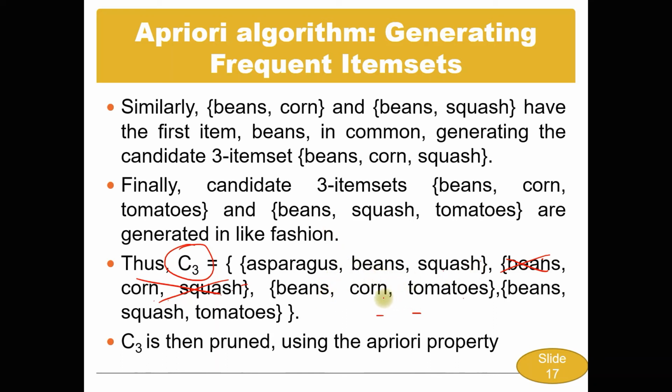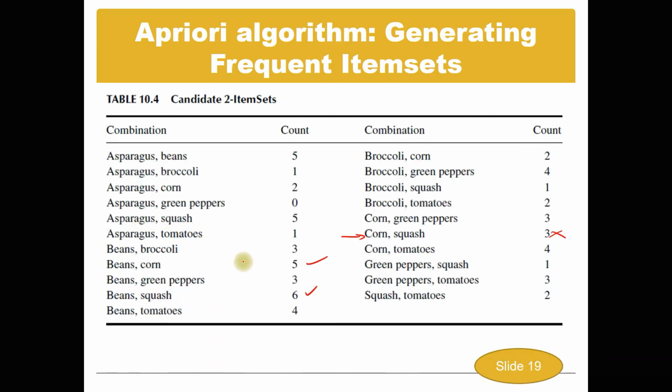Now bean, cone, tomato: bean cone, bean tomato, and cone tomato. Let's have a look. Bean cone, okay. Cone tomato, okay.